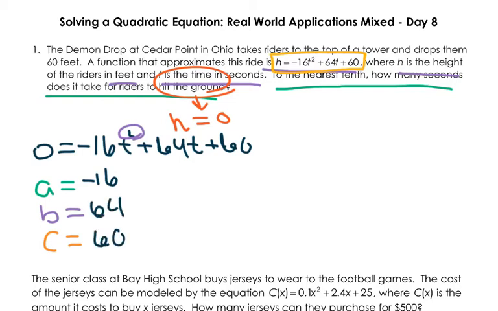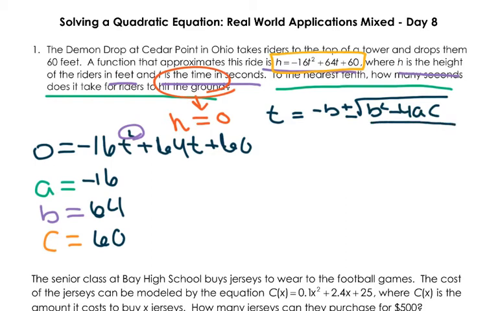I'll put that all into the quadratic formula, which in this case I'm going to use t because it's the variable we're working with. So t equals negative b plus or minus the square root of b squared minus 4ac all over 2a. And now I'm going to plug in.